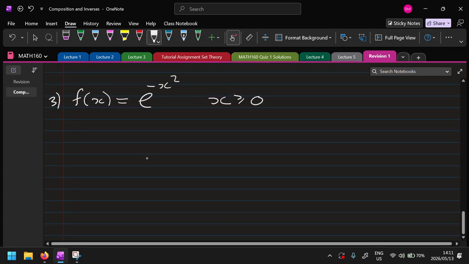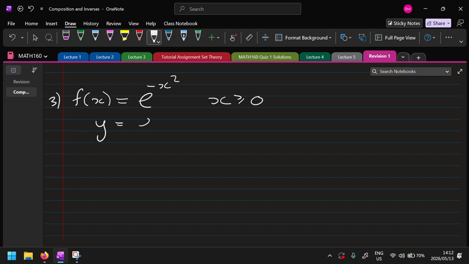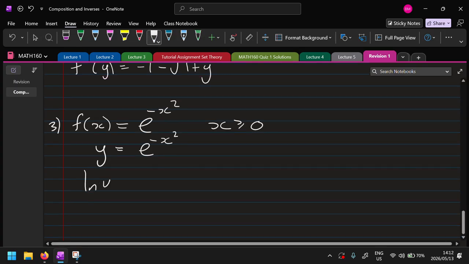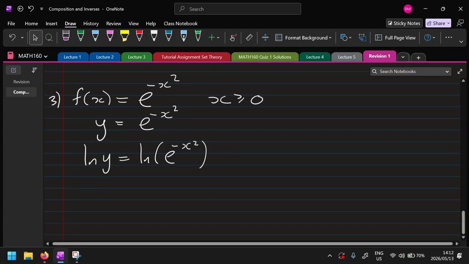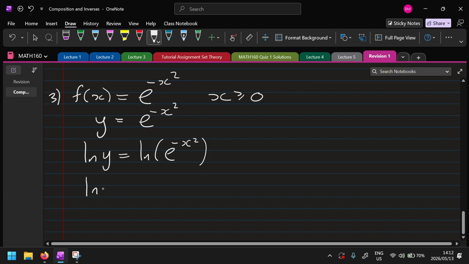So we're going to call our function y, and we want the inverse, so we want x instead of y. The exponential is getting in our way from solving for x. So let's do the natural log on both sides. Okay, so that will clear out the exponential. So we just have minus x squared.